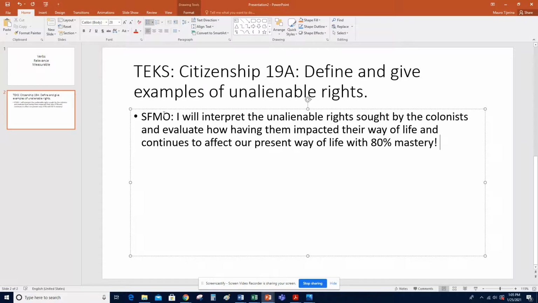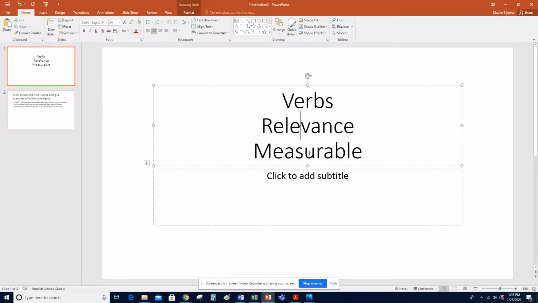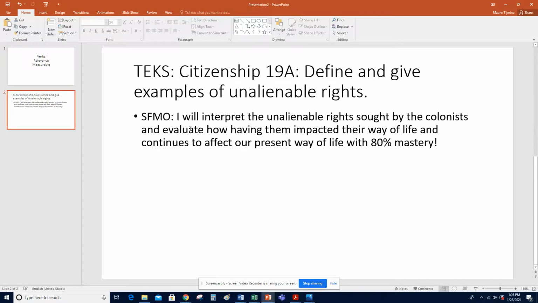So remember from the first slide: verbs, relevance, measurable. On this one, interpret and evaluate. I'm having them scaffold from the interpret level, which is lower order thinking in Bloom's pyramid, to evaluate, which is the second to the highest order thinking.